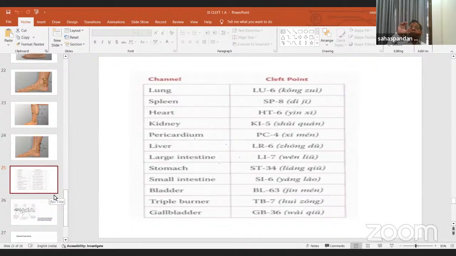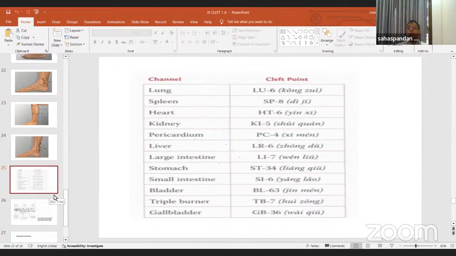If the Xi-Cleft points are linked to stop lights along the highway of the channel, then the source point may be linked to a gas station. To extend the image, collateral points may be linked to a regulator along the small side roads of a complex road system.